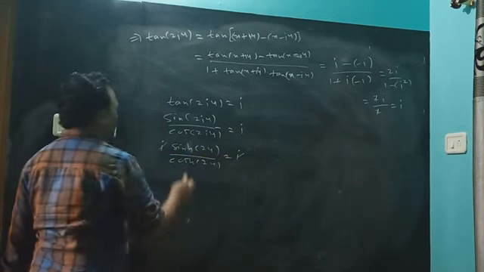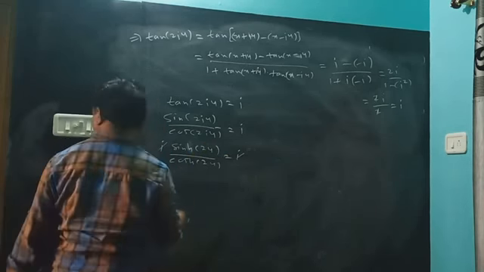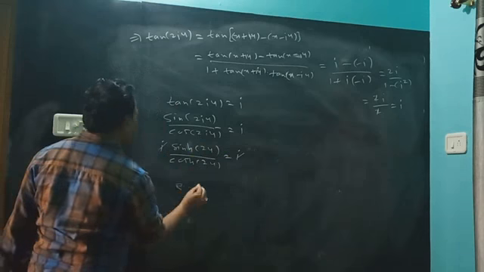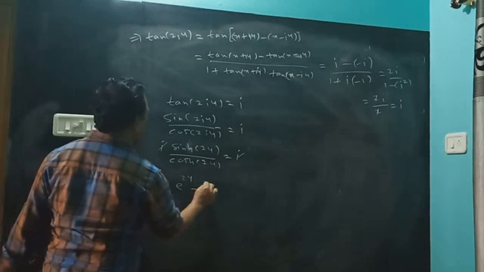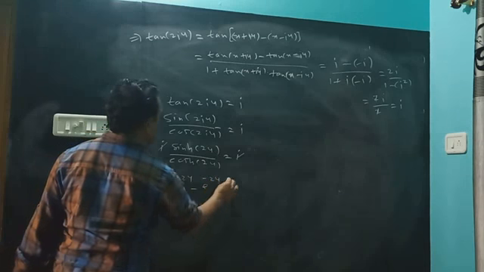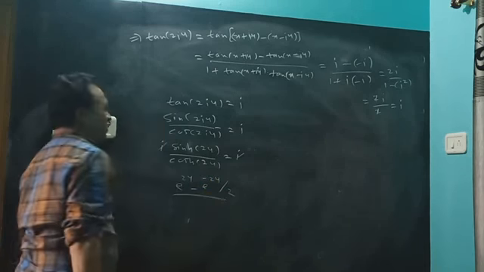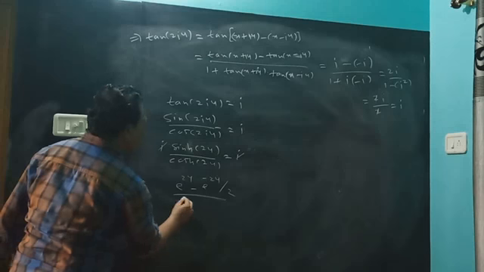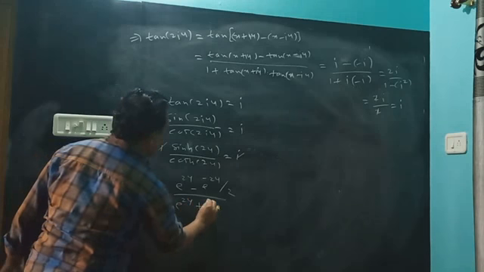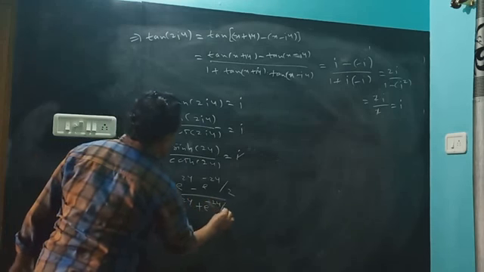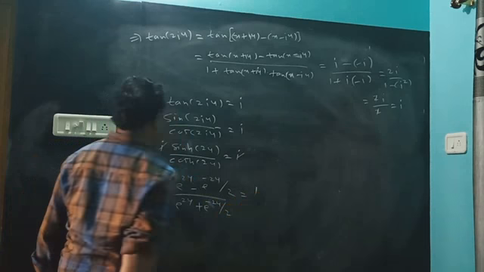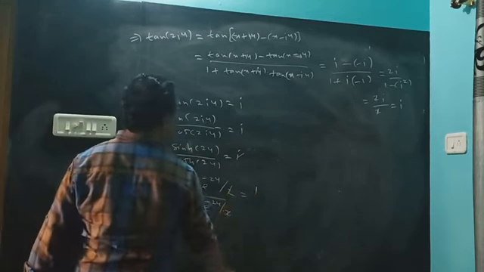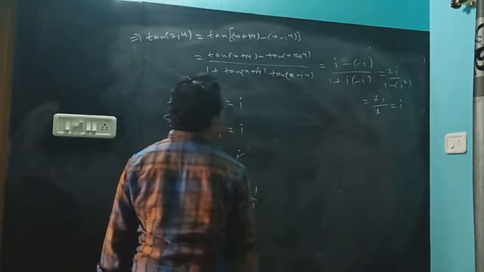I cancels. Sinh 2y by definition is e raised to power 2y minus e raised to power minus 2y upon 2, and cosh 2y by definition is e raised to 2y plus e raised to power minus 2y by 2. So it is 1 by 1.